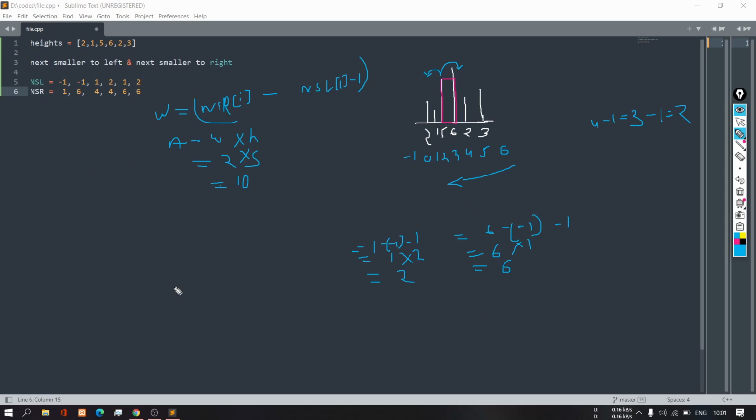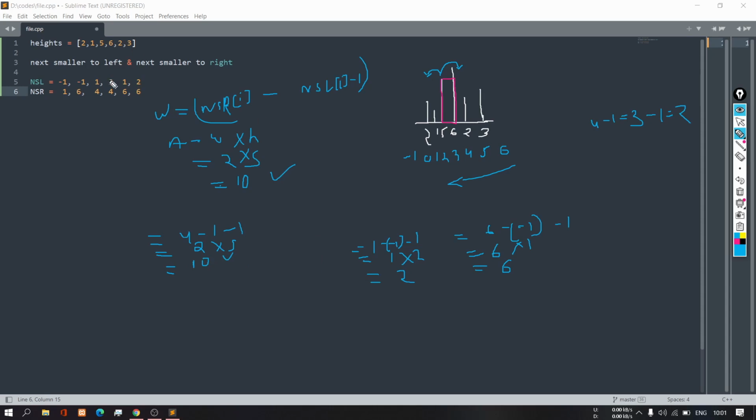Then our next value is 4, minus -1, then again -1, so it is 4 minus 1, again -1, then it comes out to be 2 into, okay, what is its length? Its length is 5, so it comes out to be 10.